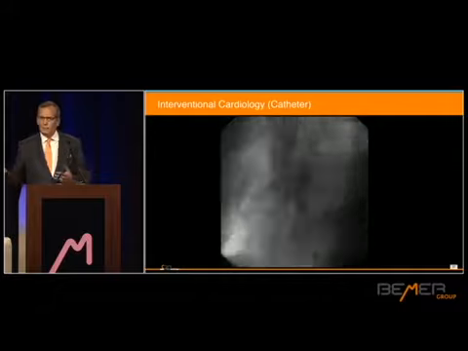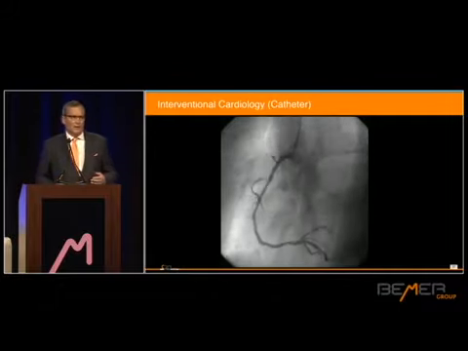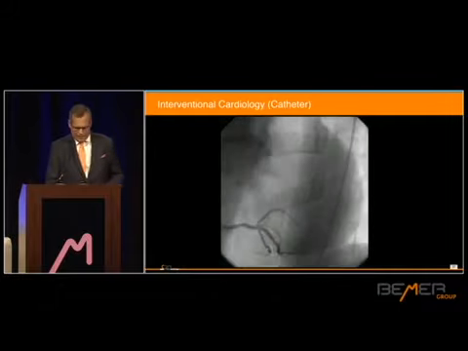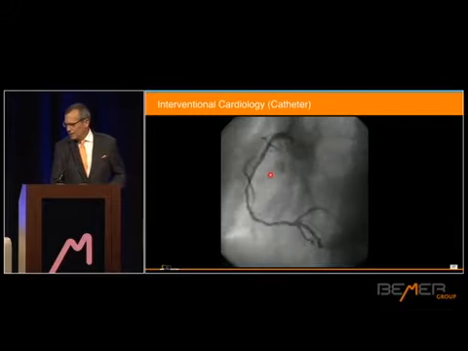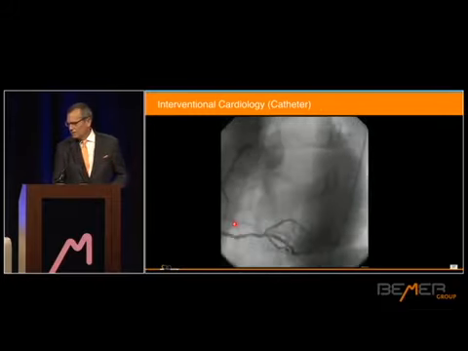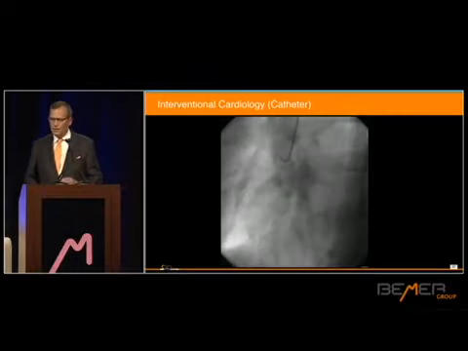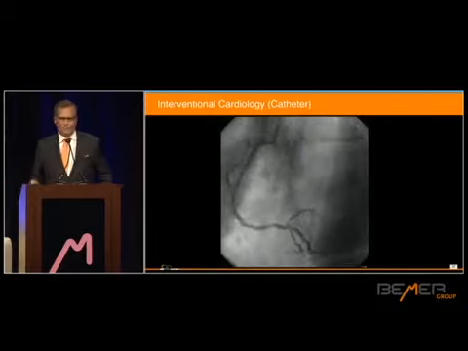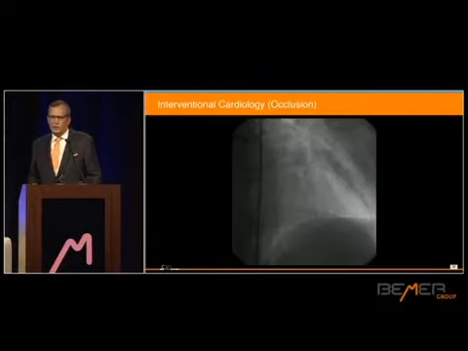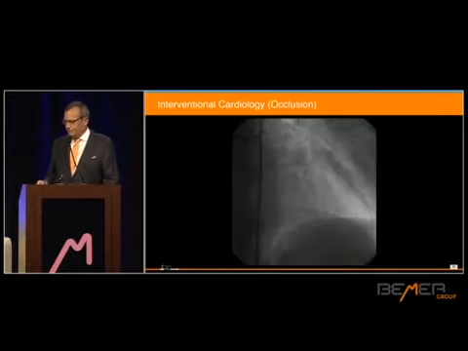It's open, it's flowing. You can see little bits of plaque buildup along the course of this vessel. But there's nothing flow limiting. That's not the problem. There's two arteries on the left.